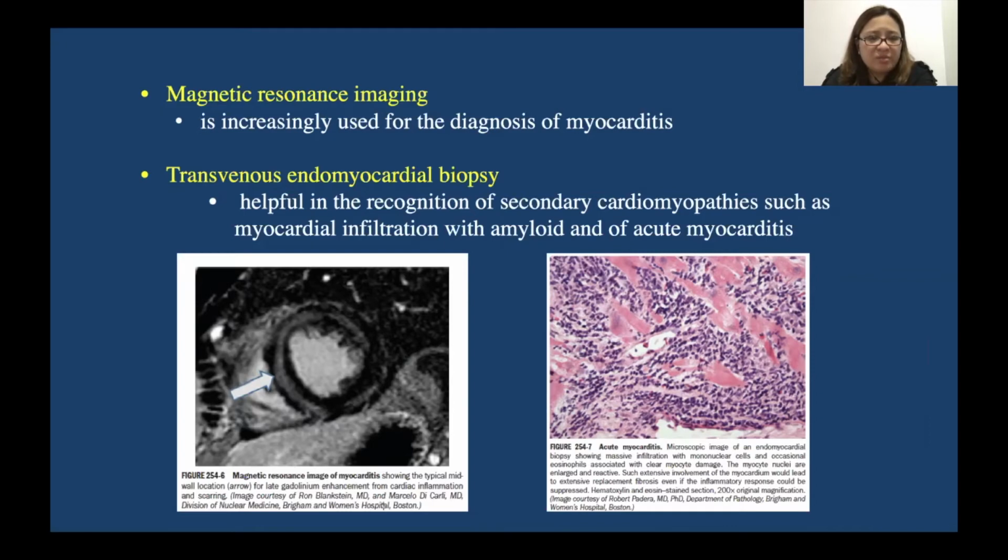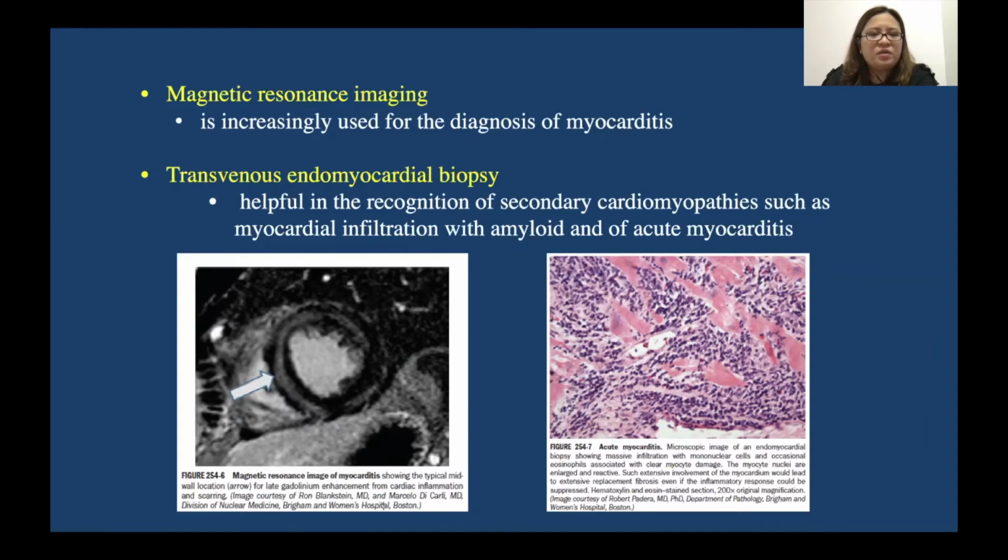The picture below is an MRI of a patient with myocarditis. It shows the typical mid-wall location shown by the arrow, pointed by the white arrow with blue borders, for the late gadolinium enhancement from cardiac inflammation and scarring.